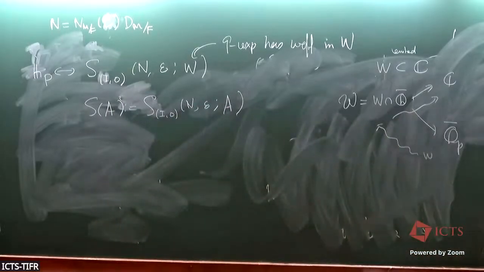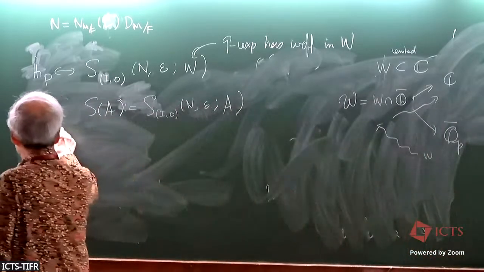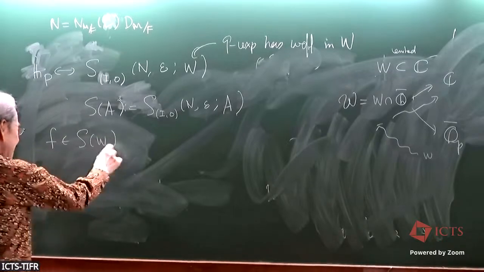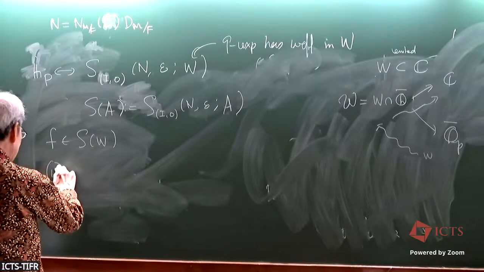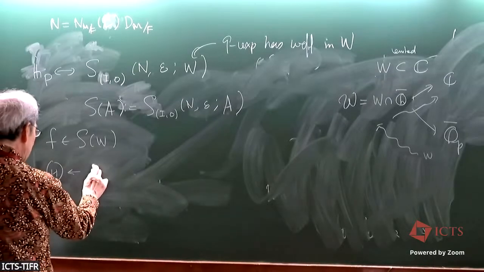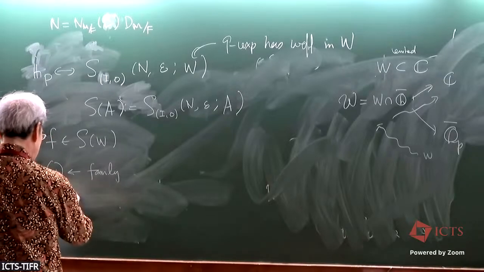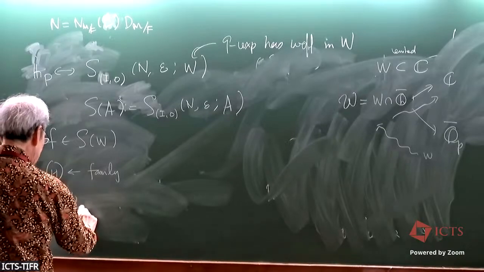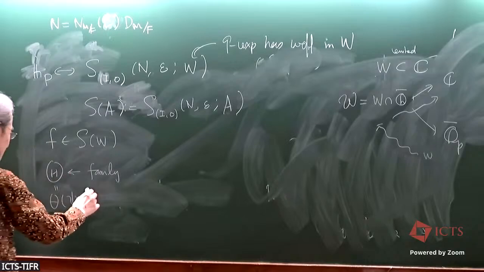Otherwise, the Neben type is not well defined. So just pick something in S W. And I have a theta series coming from the family. That means theta of psi specialized at P. This is in it, by definition.